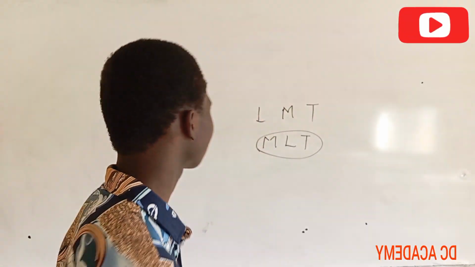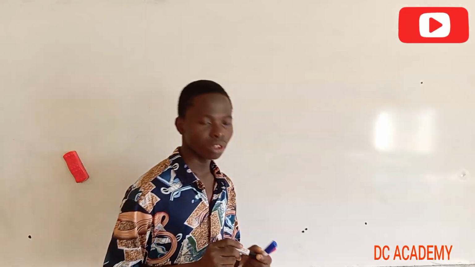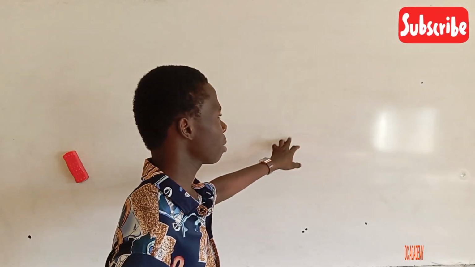Now, let's explain them this way. Firstly, it's used in verifying the correctness of a physical relation. Secondly, okay, let's start here. It's used to know the units of a physical quantity. Now, you have to know this. All the fundamental quantities have nothing to do with dimensional analysis, only length, mass, and time.